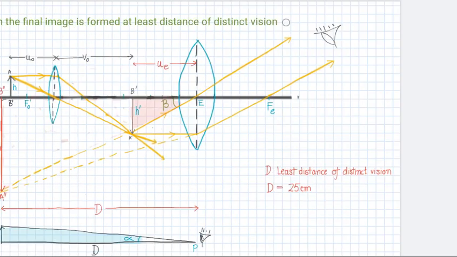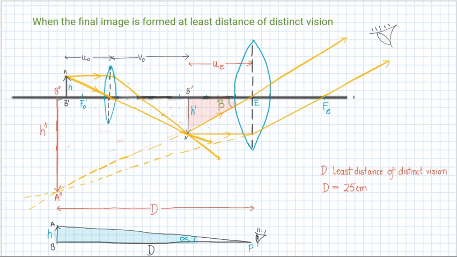So consider your figure again. In this case, the magnifying power is defined as the ratio of the angle subtended by your final virtual image. This is your final virtual image, and at the eye it makes an angle of beta.